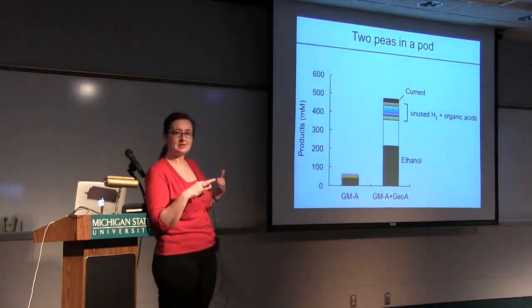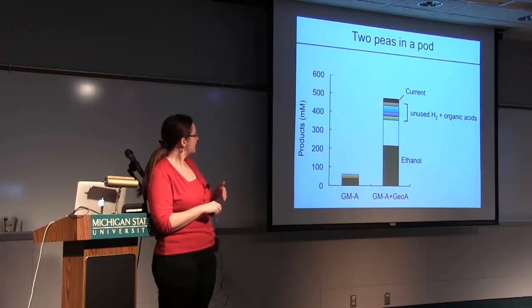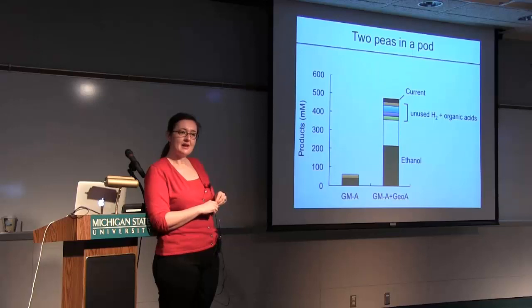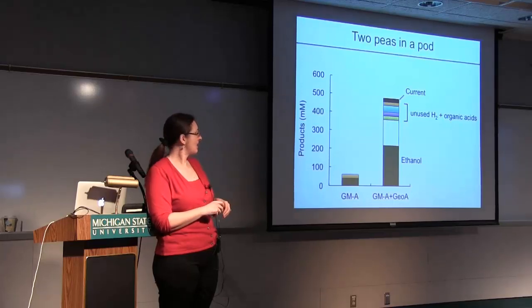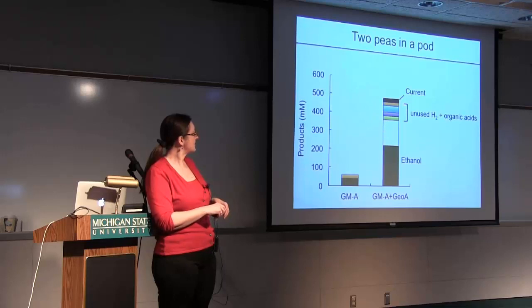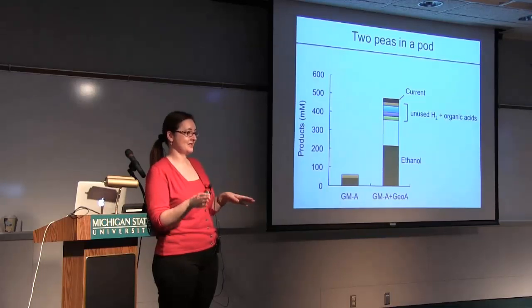So there were limitations. This is the amount of current. And to us, this was a red flag that our electrogen microbe was not doing very well, because it was not producing as much current as it was theoretically possible, and it was not using everything else that was produced. Basically, it was indigested.